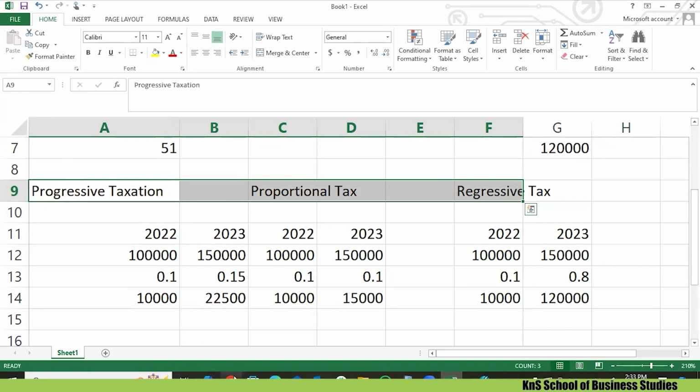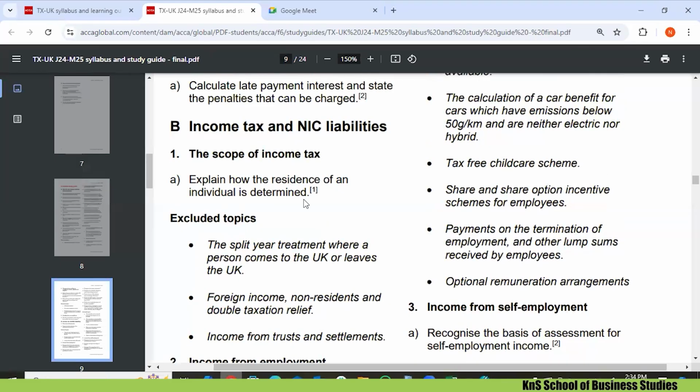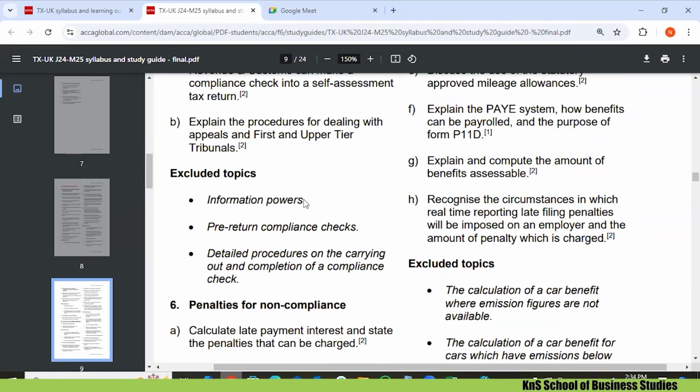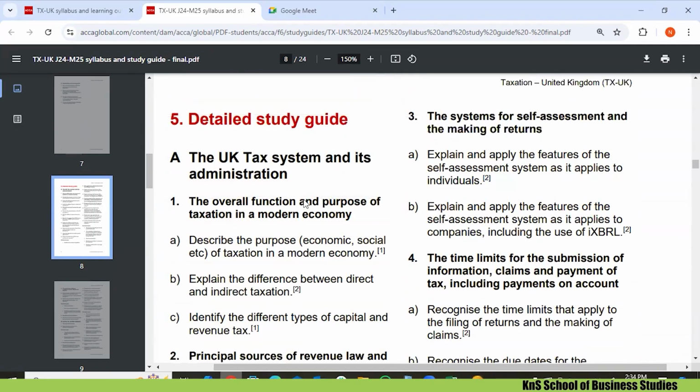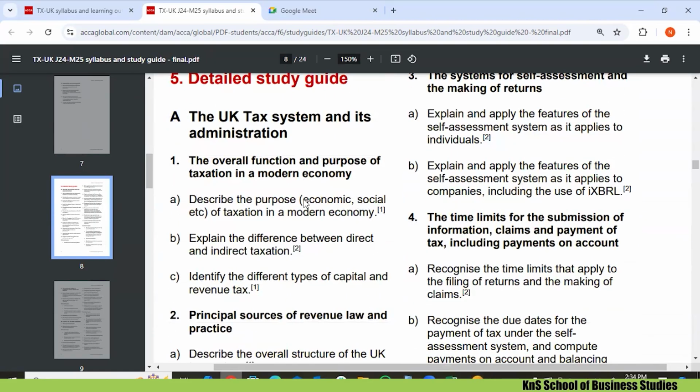So Section A is basically concerned with the compliance things, the types of taxes. What the examiner is most concerned with is the time limits, that you have to tell the exact dates till when you are supposed to pay the tax. For the self-assessment system, no explanations are required, you just should have the knowledge and know the due dates.